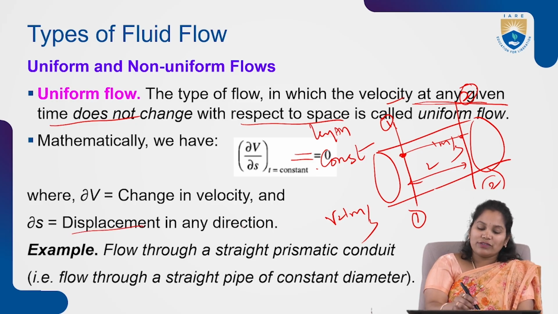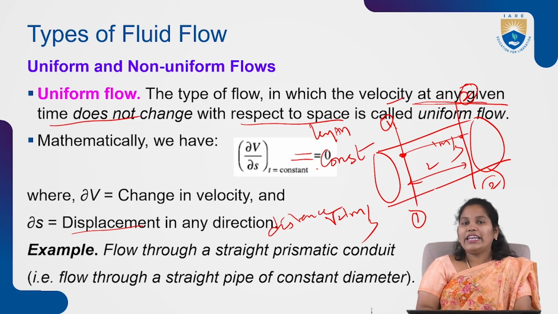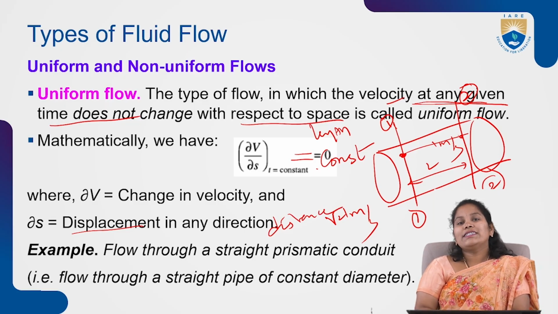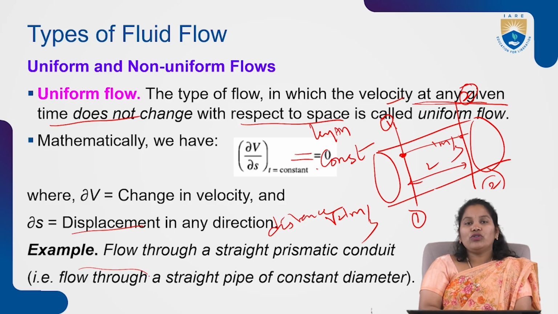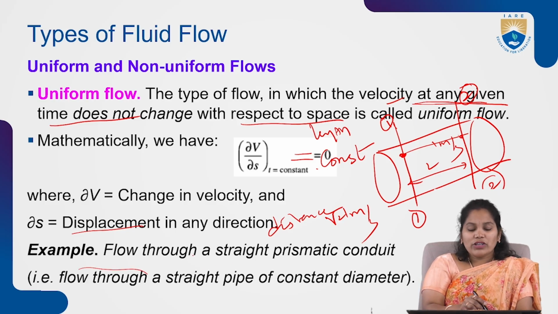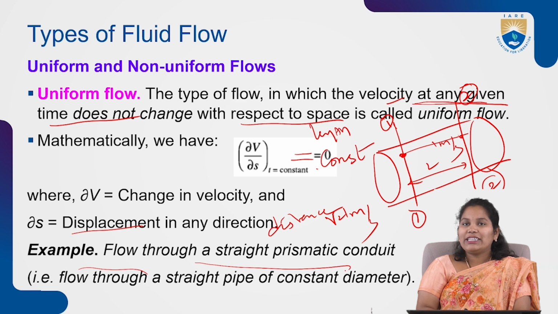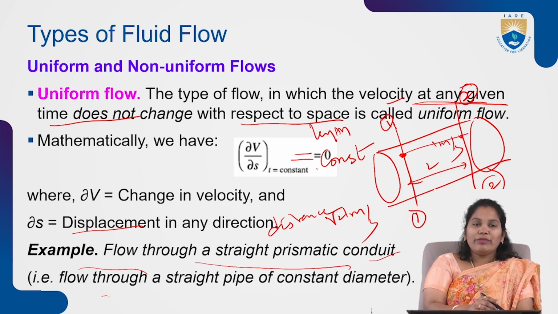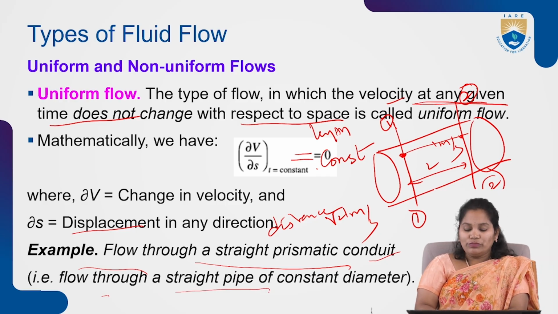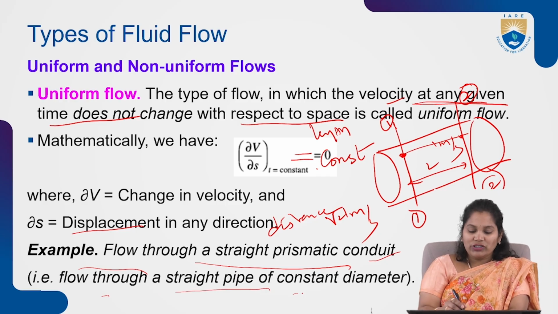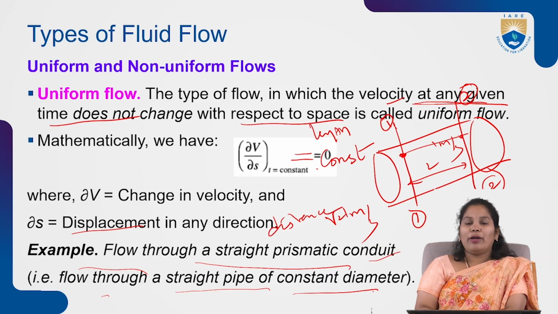Displacement is distance or length in any direction. Throughout it is constant, right? The example for this uniform flow is flow through a straight prismatic channel or prismatic conduit. That means flow through a straight pipe of constant diameter.